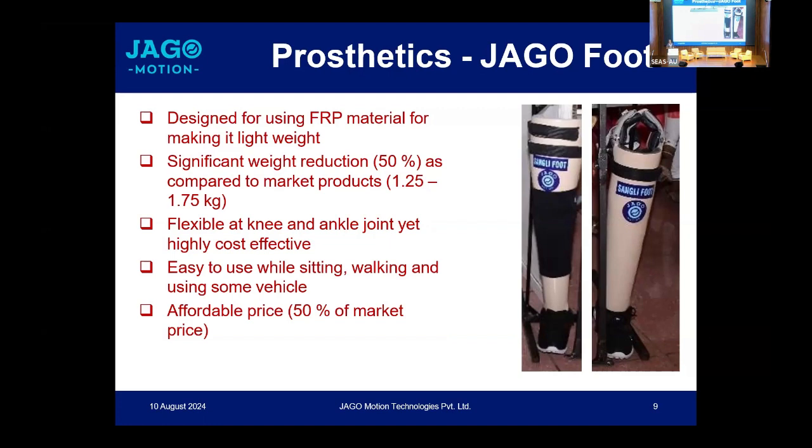So I built the first leg, 10 kilos, which I could only carry on my shoulders, I mean, to laugh about it. But then eventually I built something which is 1.5 kilos. And I'm happy with the way I build a prosthetic which can be made in a day. I did not use any mold. I have developed my own manufacturing technology which avoids using a mold.